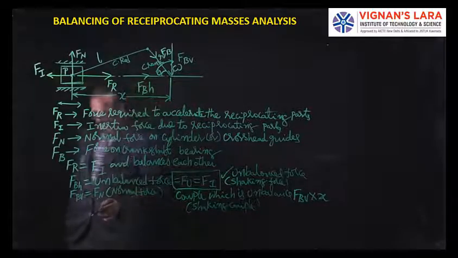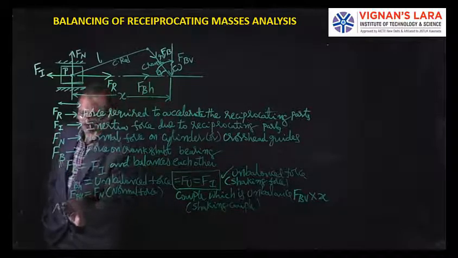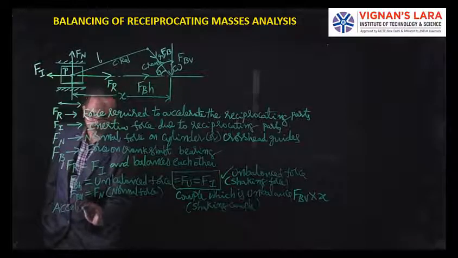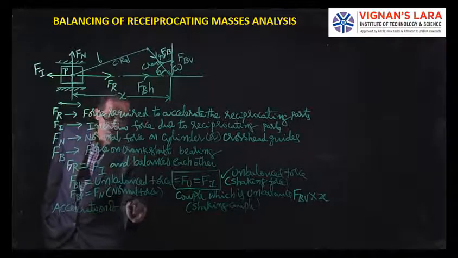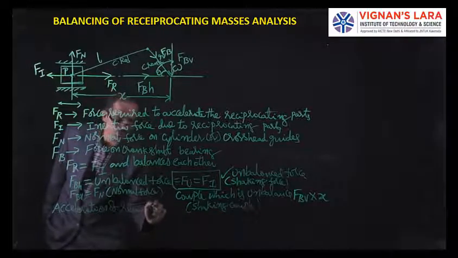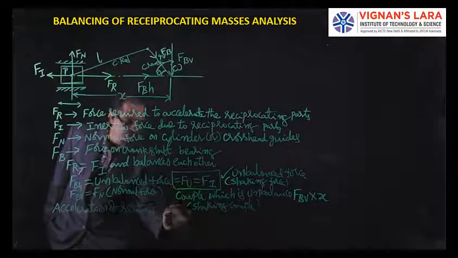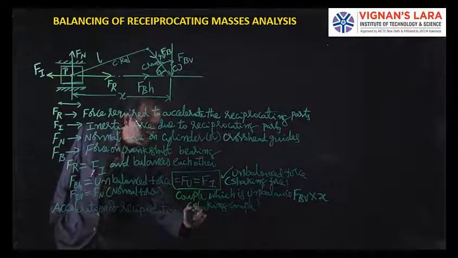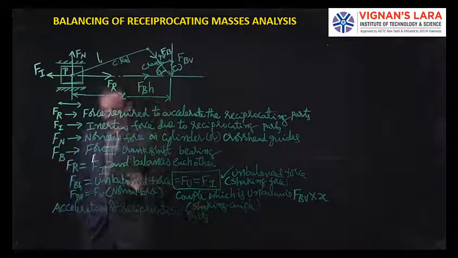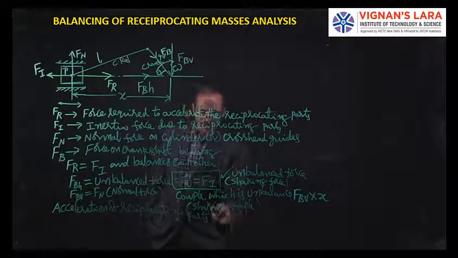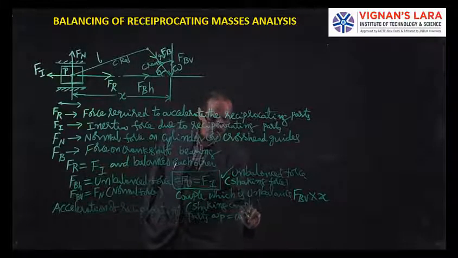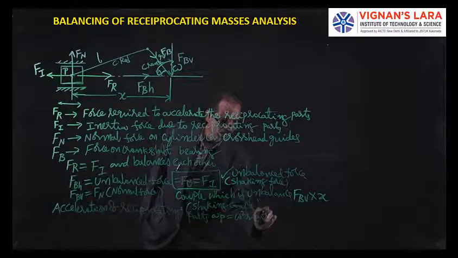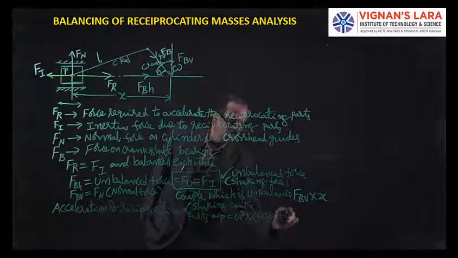So we know the acceleration of reciprocating parts, which is already discussed in our KOM, that is the acceleration of the piston is equal to omega square r into cos theta plus cos 2 theta by n.